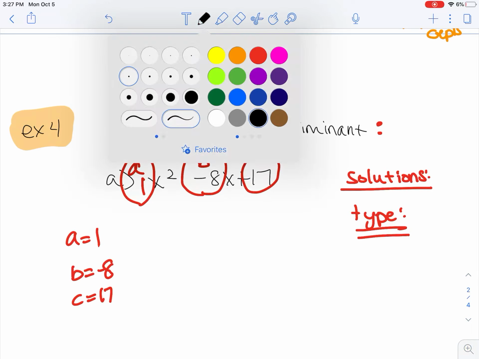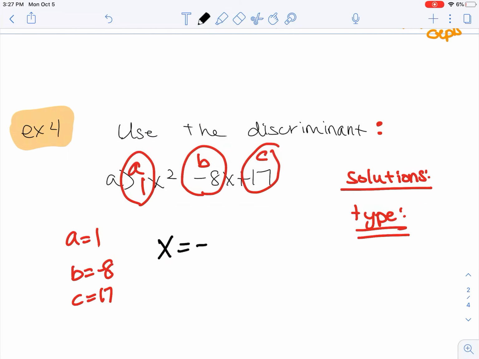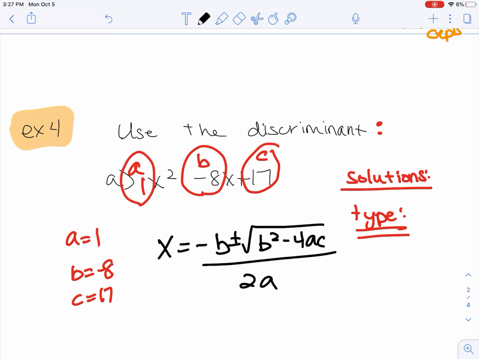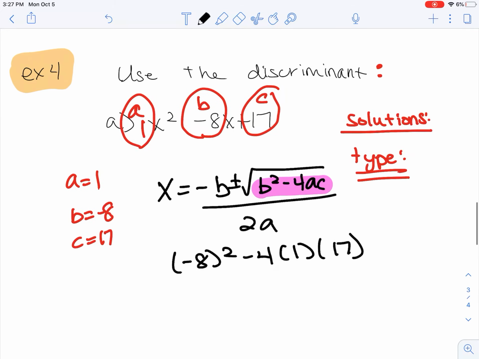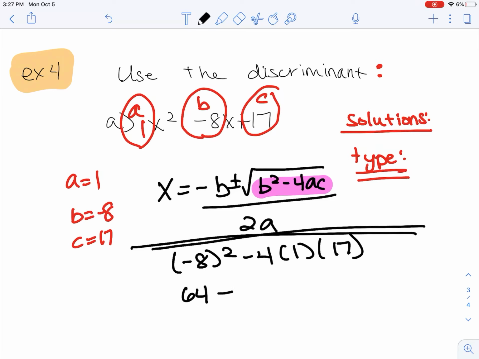And keep in mind, we're still going to need to use our x equals -b plus or minus square root b squared minus 4ac all over 2a. And we're just looking at this part. So b squared is 8 squared minus 4 times a, which is 1, times c is 17. So if we're looking at that, we've got 64 minus 4 times 1 times 17 gives me 68.